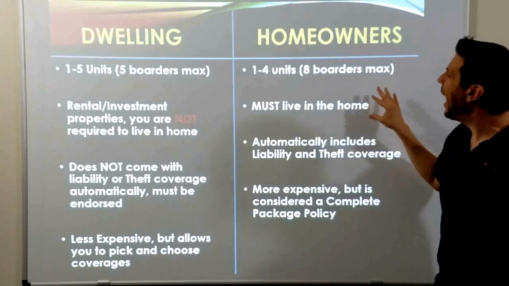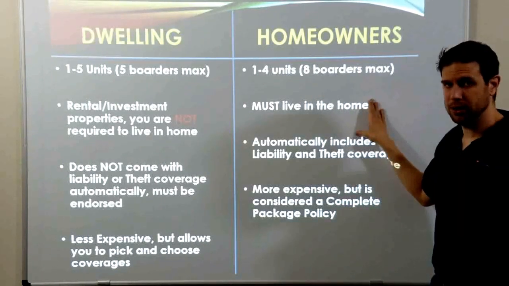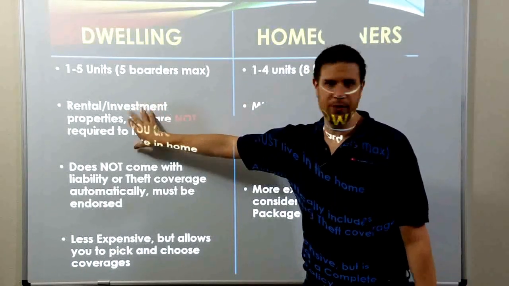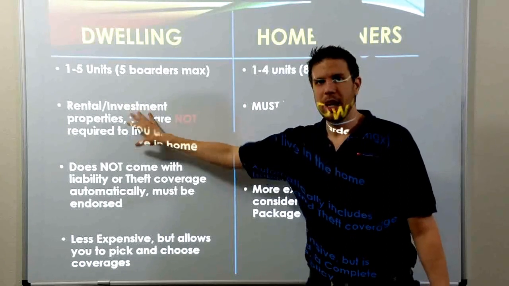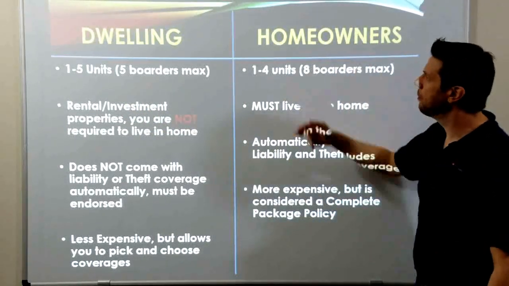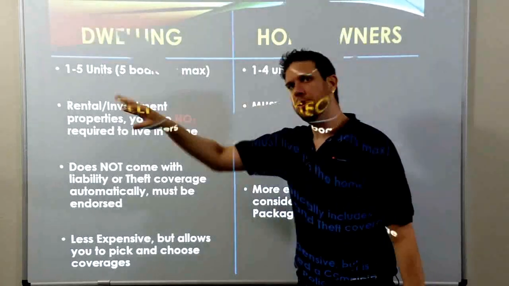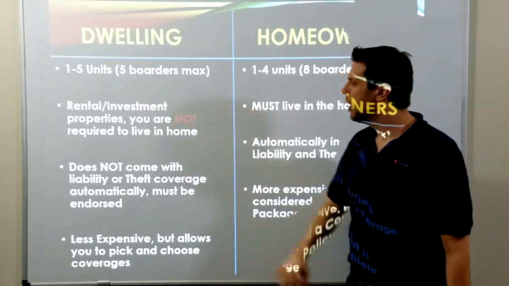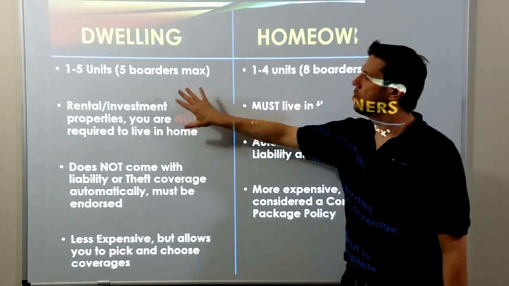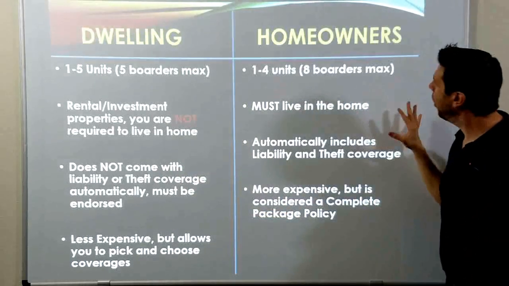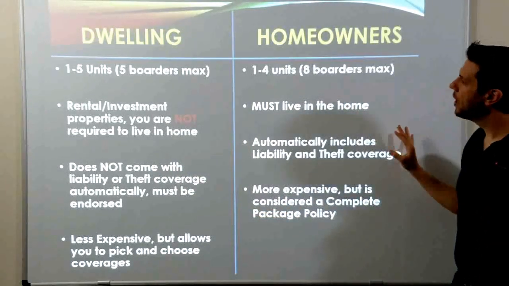Homeowners insurance, you have to live in the house. But dwelling policies, you do not have to live in the house. Typically, the house you live in, you have homeowners insurance on, and the house you rent out to other people, like investment properties, are dwelling policies. Dwelling policies are also typically used for older houses that don't qualify for homeowners.